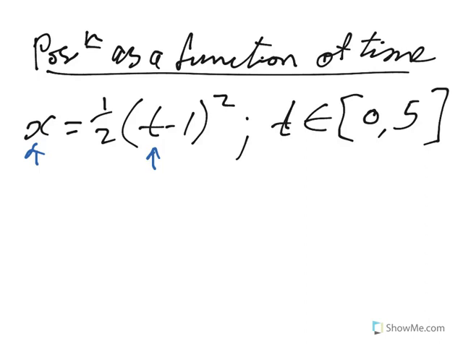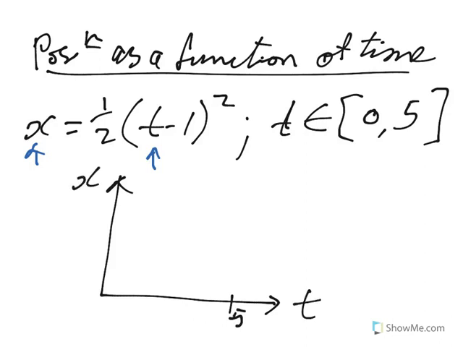And so from that you can work out where it is at any time, you can work out its displacement between two times, etc. You can draw a graph of it if you want, and that particular one looks like so.